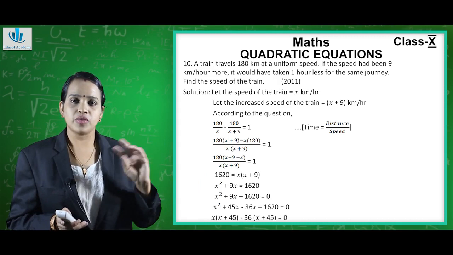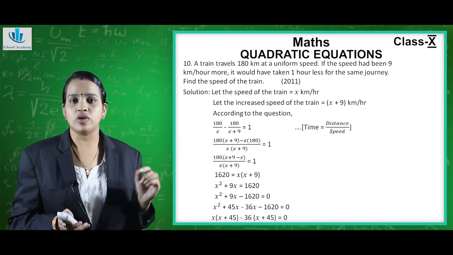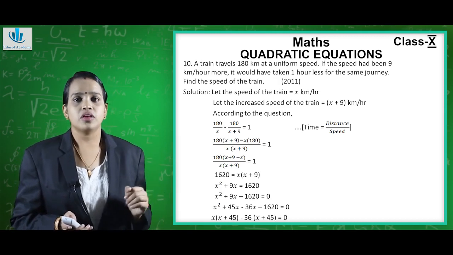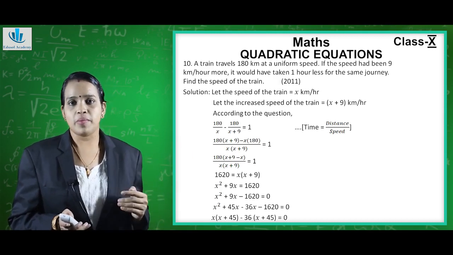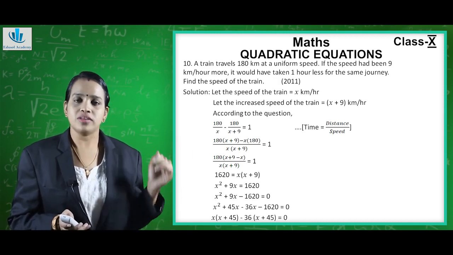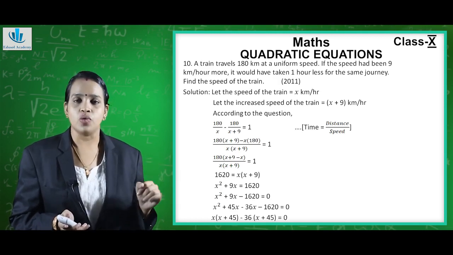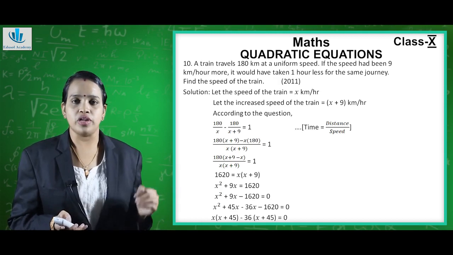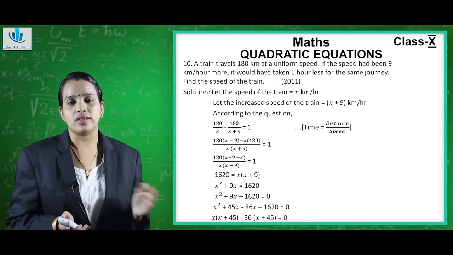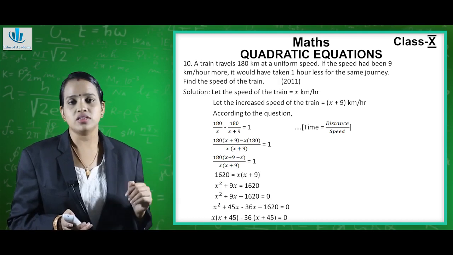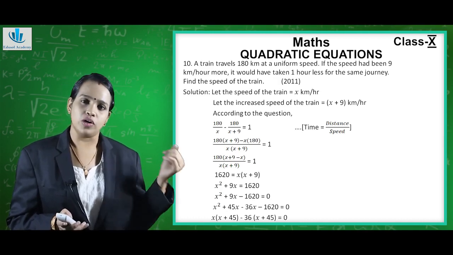When we cross multiply with x into x plus 9 and 1 into 1, it becomes x into x plus 9 equal to 1620. Now we open the bracket, so it becomes x into x, x raised to 2, plus 9 into x, 9x, equal to 1620. Now we take 1620 to the other side, so it becomes x raised to 2 plus 9x minus 1620 equal to 0.